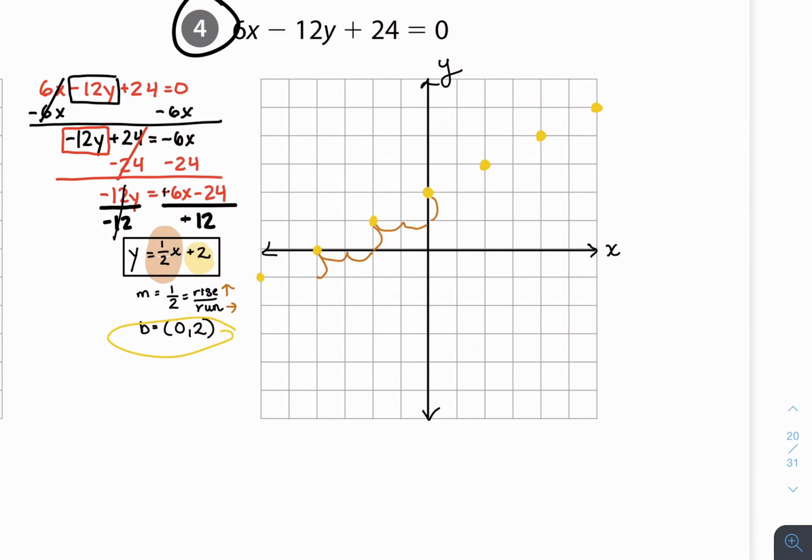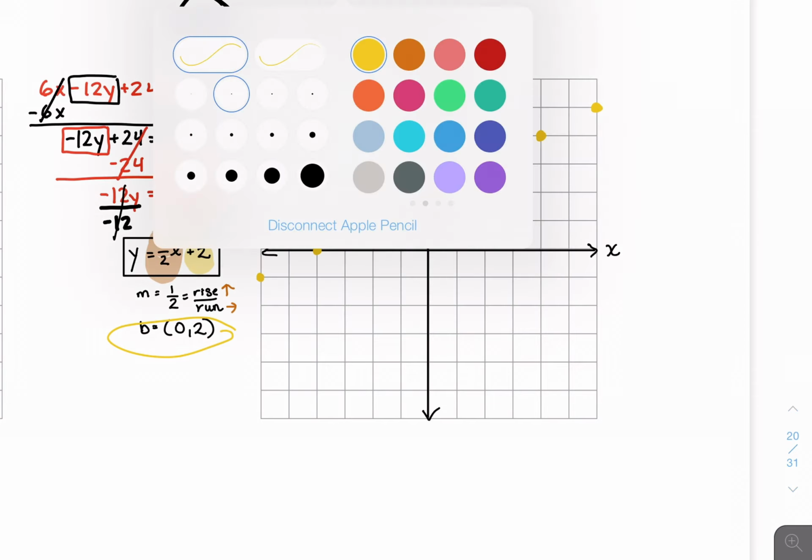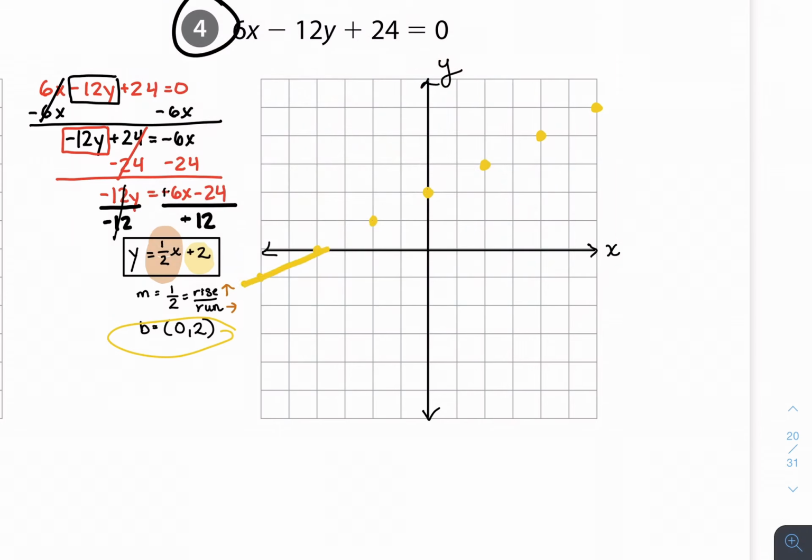There they are. And then take my ruler, which is a really nifty tool, and label the line with the original equation, which was 6x minus 12y plus 24 equals 0.